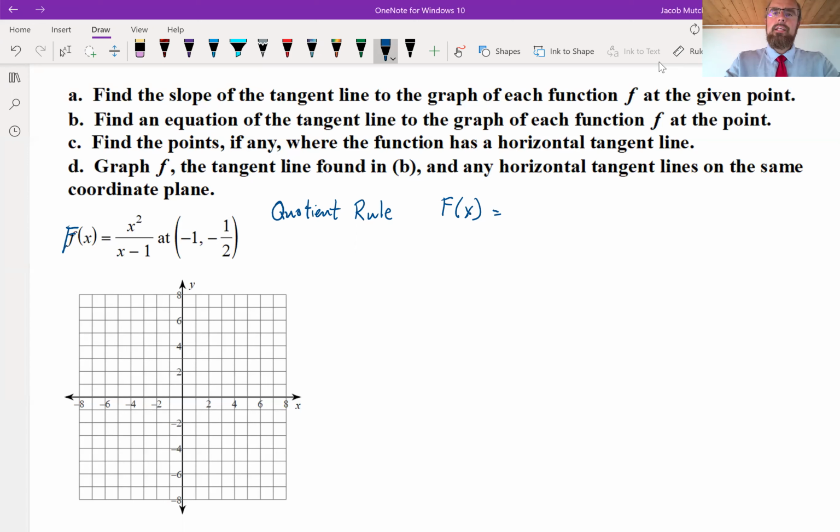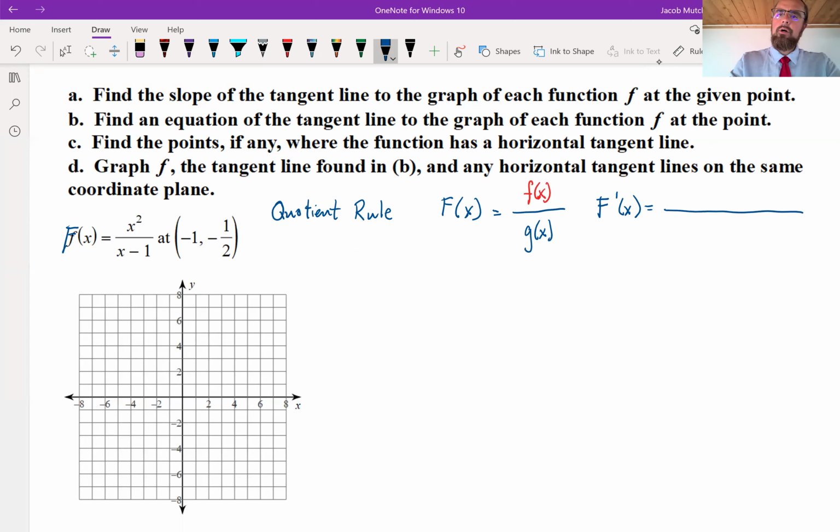If that equals the division of two smaller functions, so the numerator small f of x divided by denominator small g of x, if I take the derivative of big f of x, it has this format.